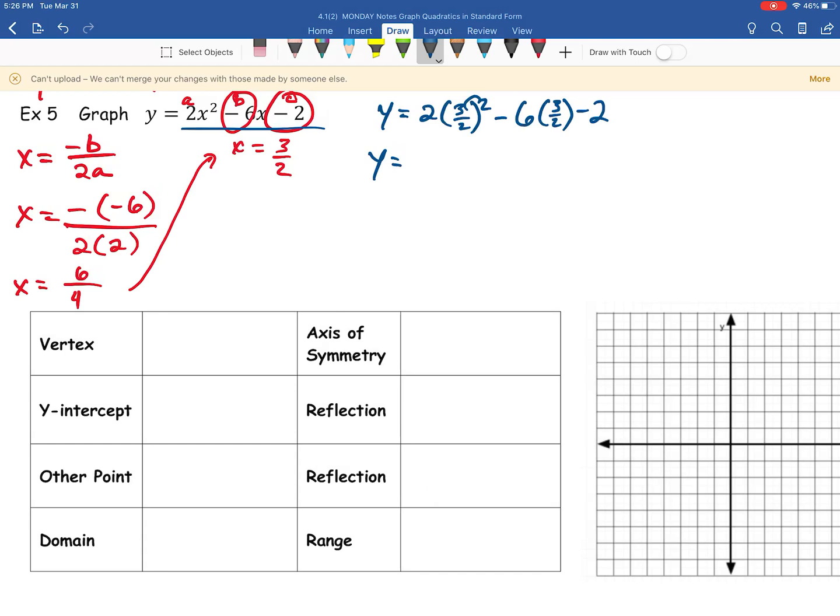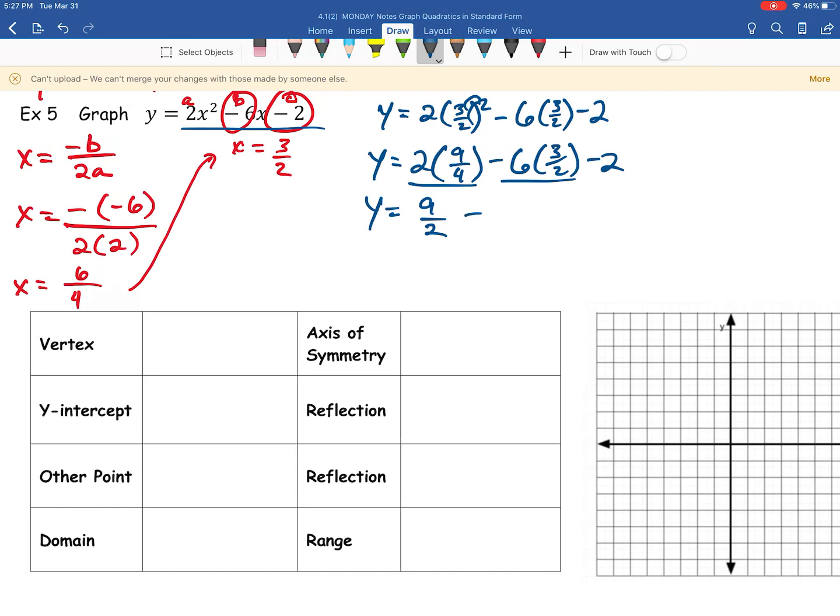Doing a little bit of distributing with that exponent, we have 2 times 9/4 minus 6 times 3/2 minus 2. And this will come out to be 18 over 4, which comes out to be 9 over 2 when you simplify it, when you multiply those two.